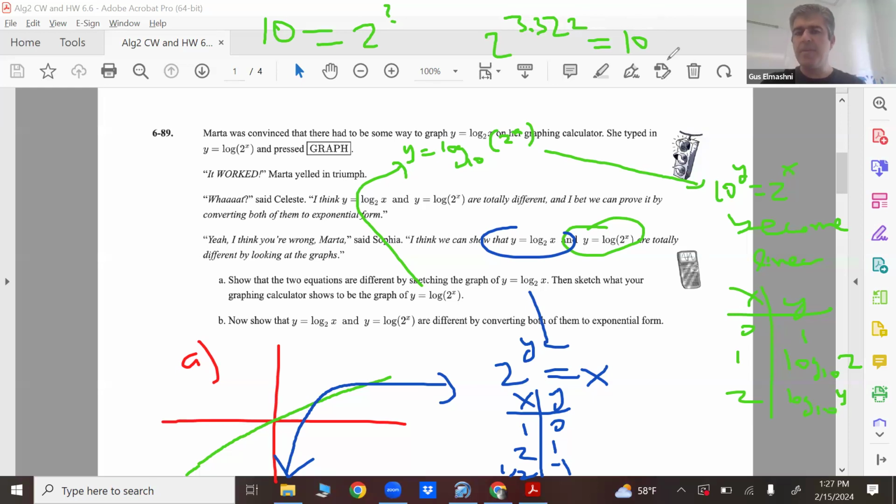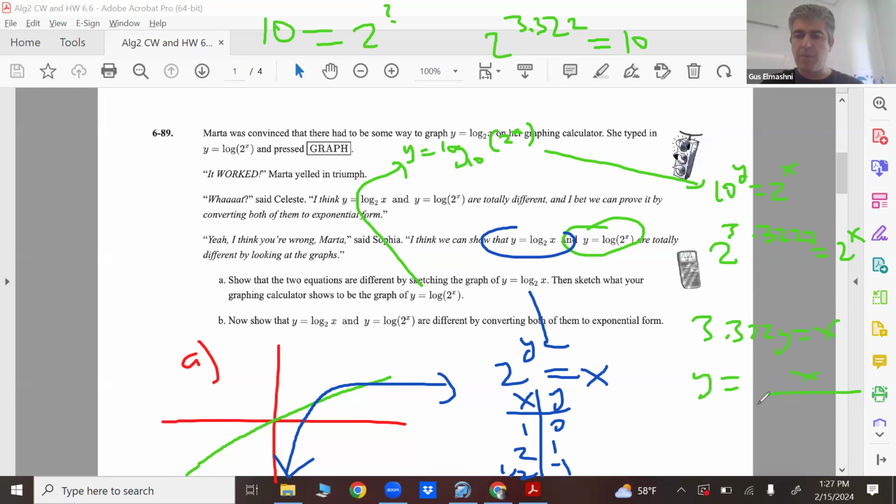That's what happens. So if I kind of get rid of all this here, it's a little bit advanced, but you could switch 10 to a base of 2. You could turn any power to any base you want. So 3.322y equals x.